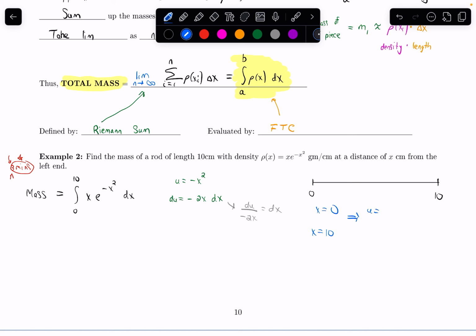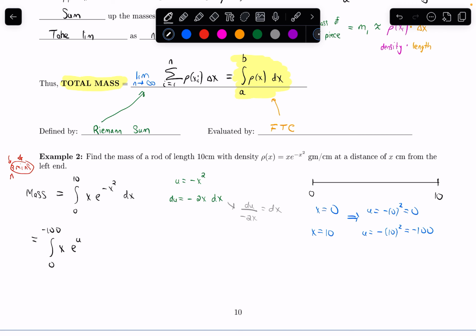If I plug 0 in, I get negative 0 squared, which is 0. If I plug 10 in, I get negative 10 squared, which is negative 100.